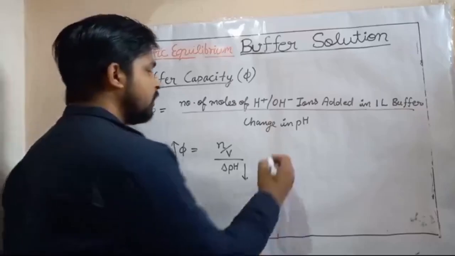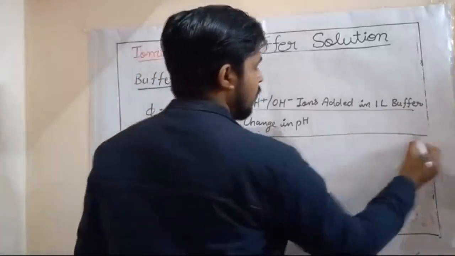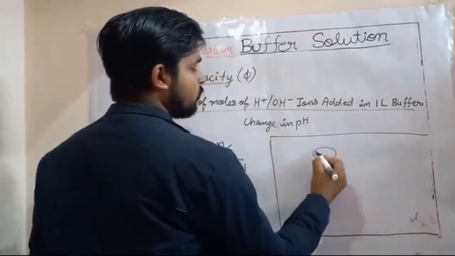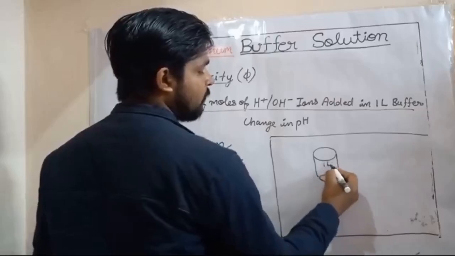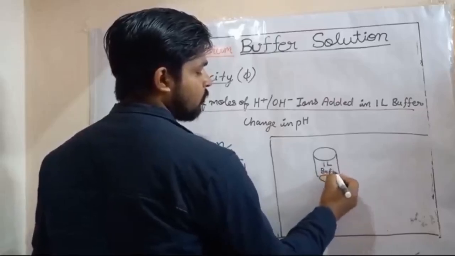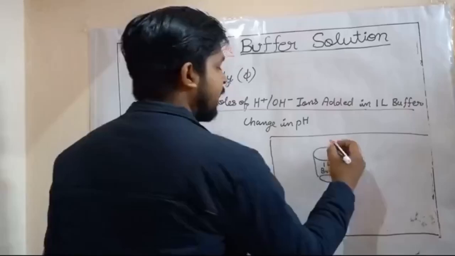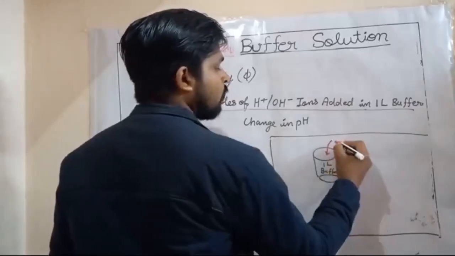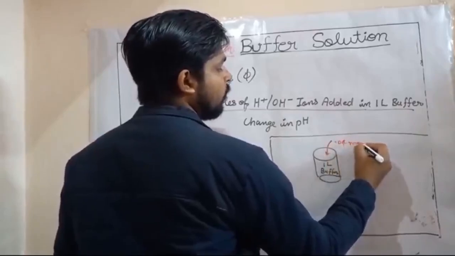Okay student, so we discuss a question on buffer capacity. If in a buffer solution, here 1 liter of buffer we take, in this we added 0.04 moles of NaOH.